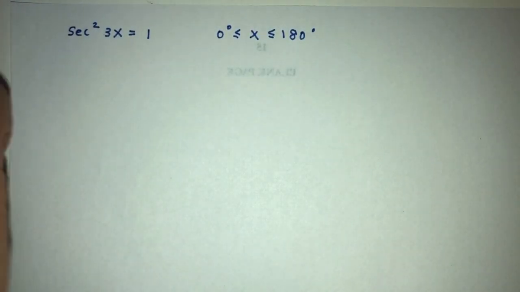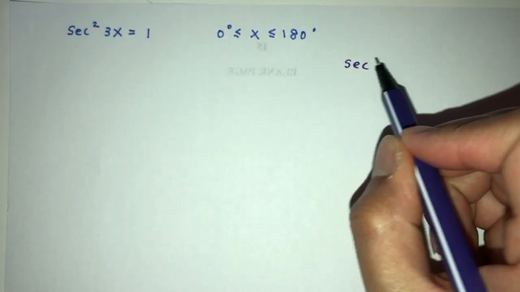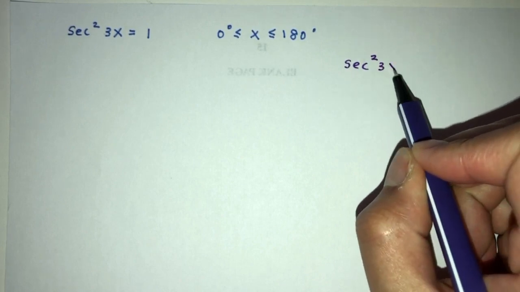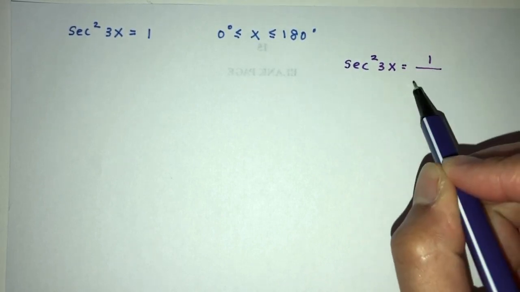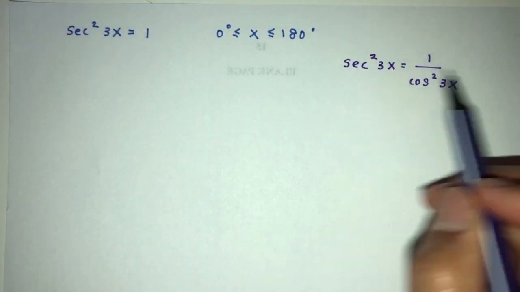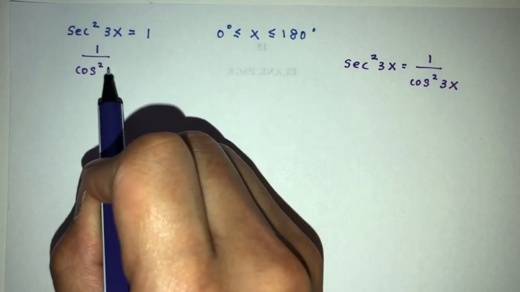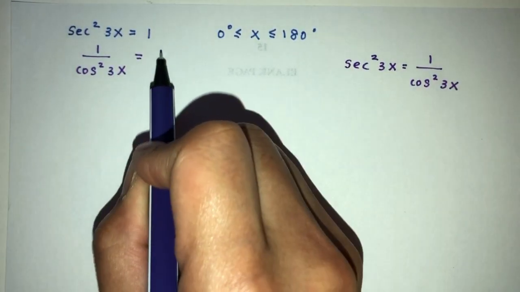It is very hard to work with sec, so we change sec square 3x to 1 over cos square 3x. So we have 1 over cos square 3x equal to 1.